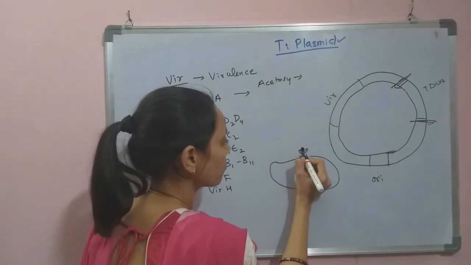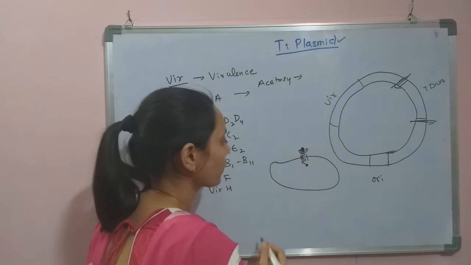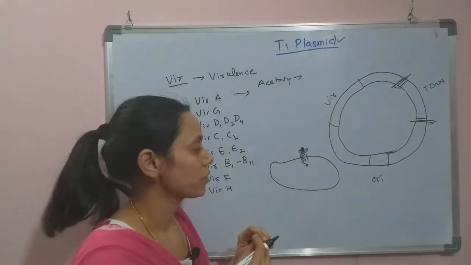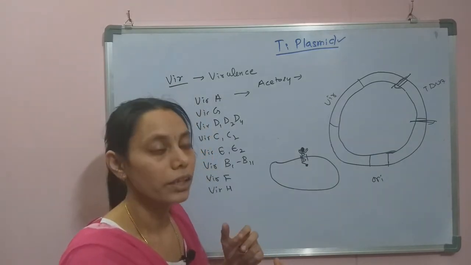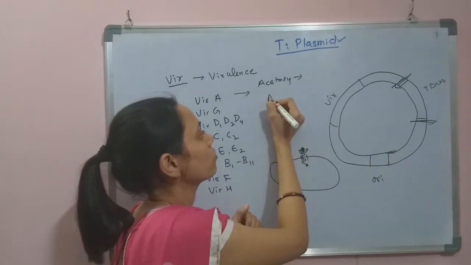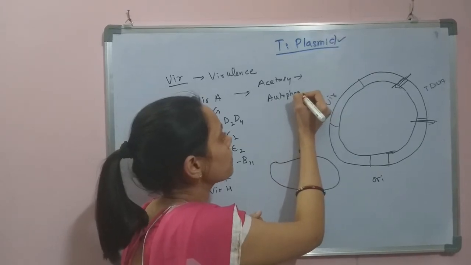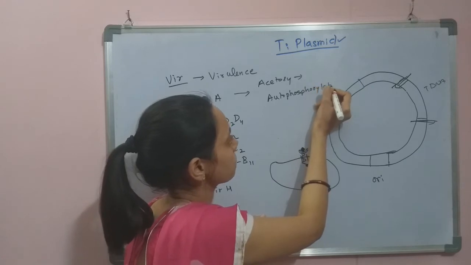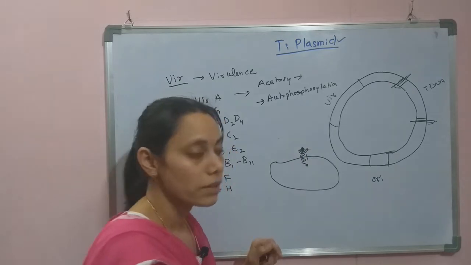As I already told, this is the two-component system, and once the receptor binds to the ligand, it will be activated by phosphorylation. So once it is autophosphorylated, this autophosphorylation will happen inside the receptor.